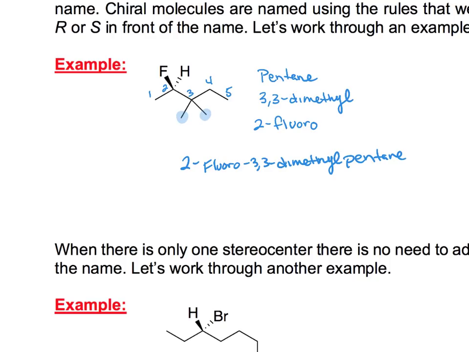So we look at our groups. Our lowest priority group is the hydrogen. It's 4. Our highest priority group is going to be the fluorine. It's 1. And now we have to look at each of these 2 carbon pieces, a carbon piece here and a carbon piece there. In this case, this carbon piece is a methyl group. So this carbon is attached to 3 H's.